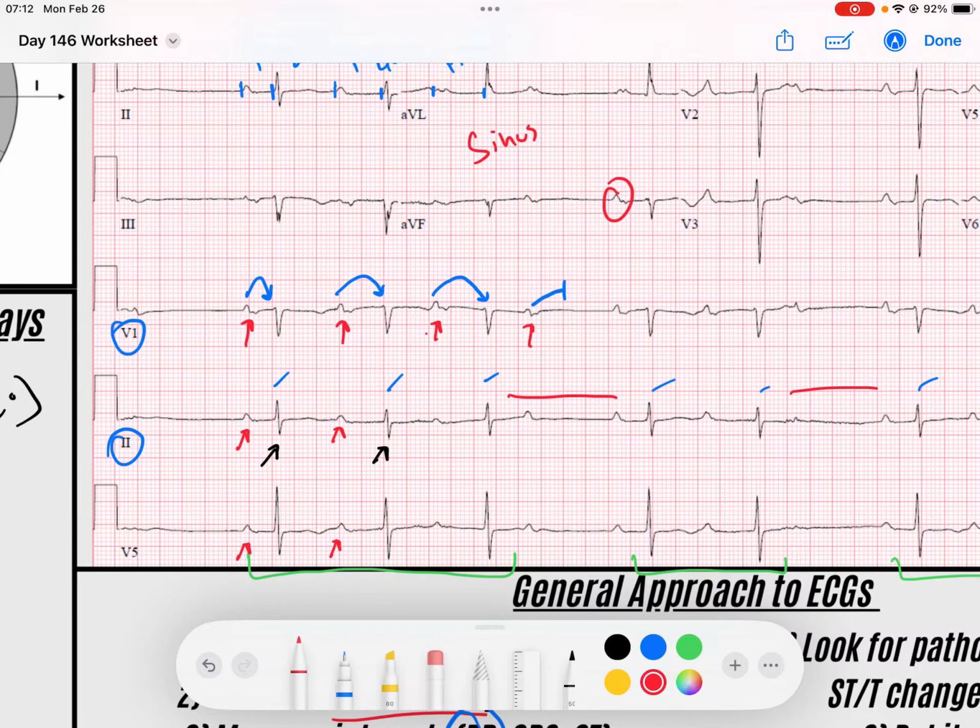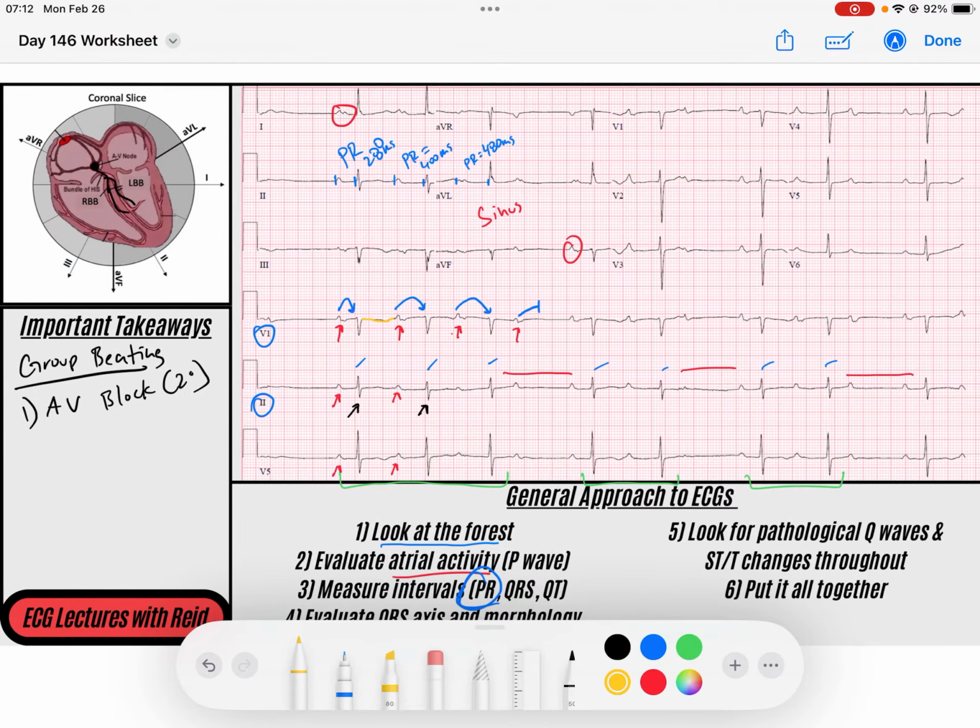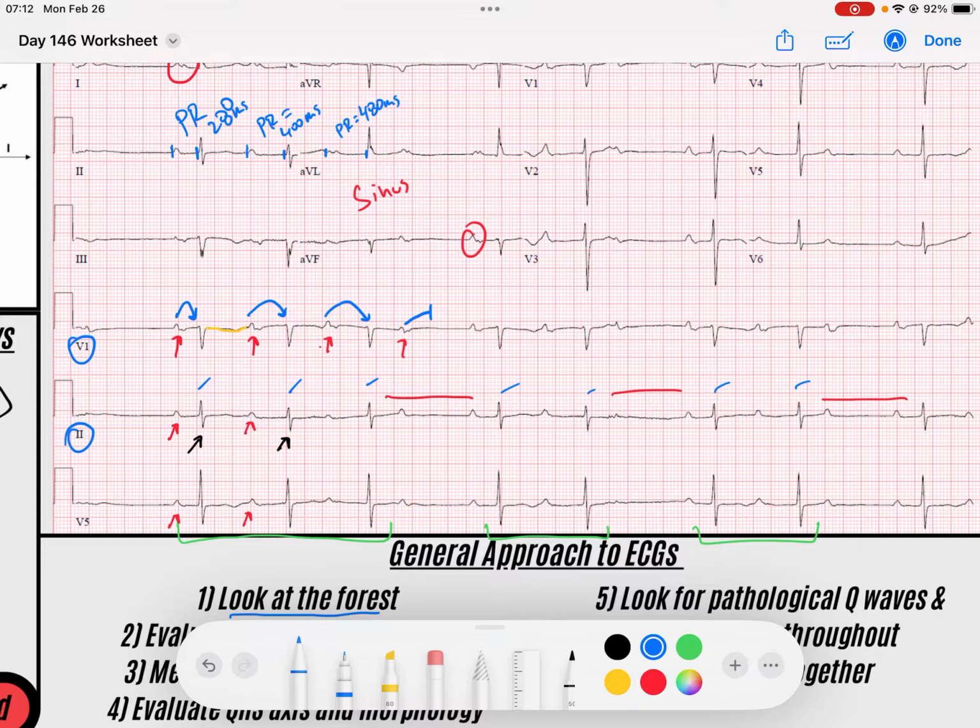And in V1 we have these nice flat T waves, so we can see nice sharp P waves. So we've got a PR interval that's increasing before it drops. Let's take a look at the next set of beats. We've got a P and a QRS. We've got a P that takes longer to get to that QRS, and then a P that doesn't have a QRS. So we get the same thing: it gets longer and drops.